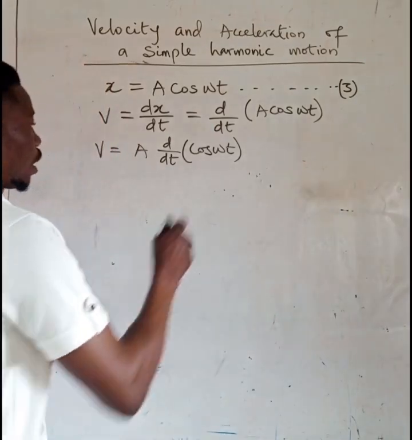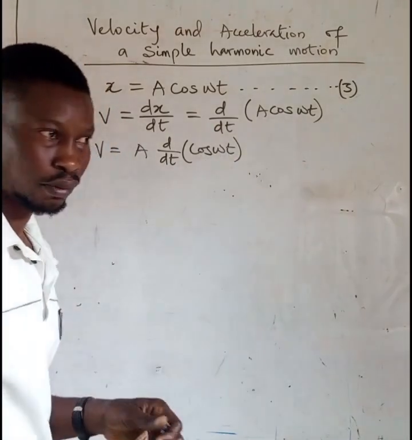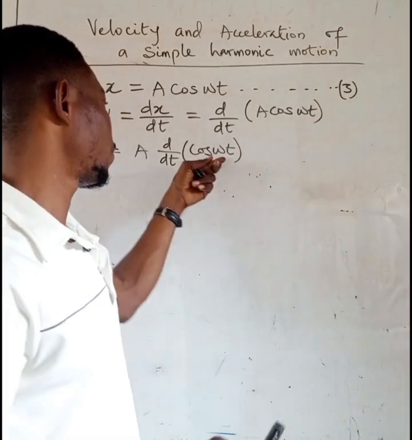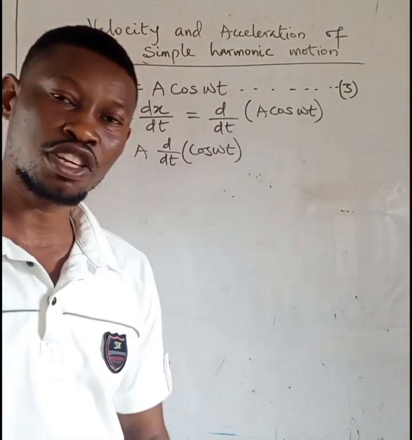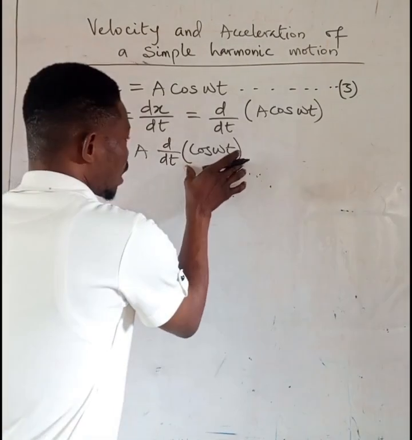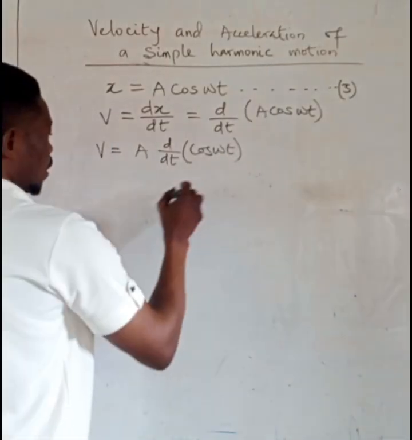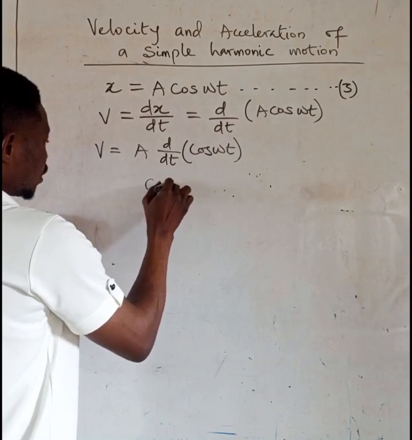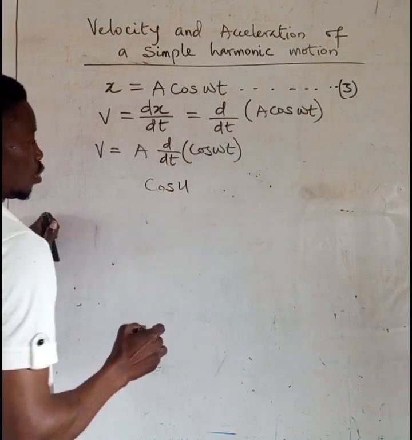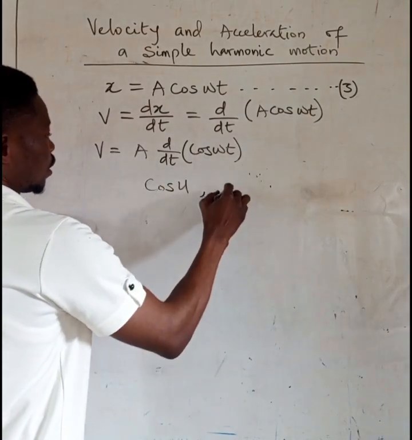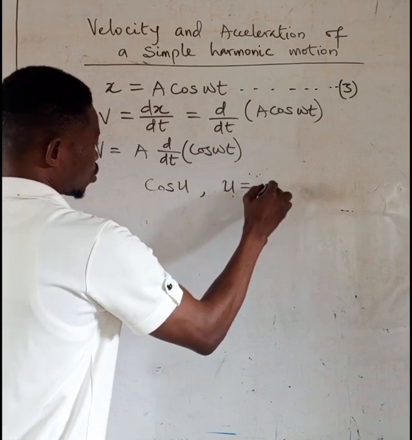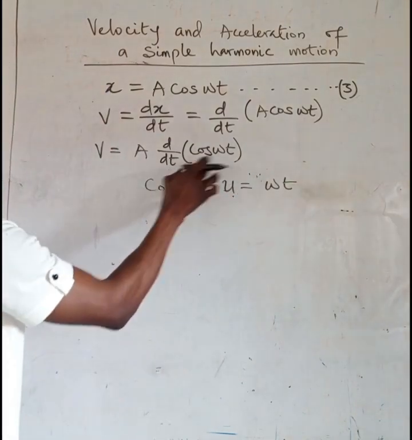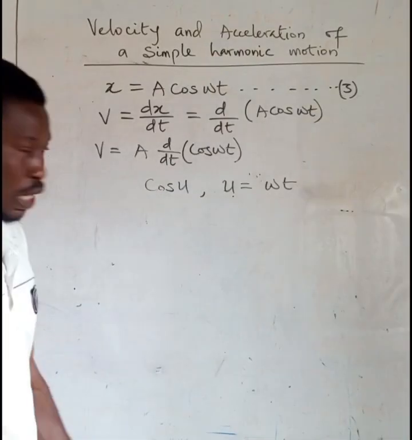First of all, omega t is a function, and cosine omega t is a function of this function, such that we can take this to be cosine u, where u is equal to omega t.